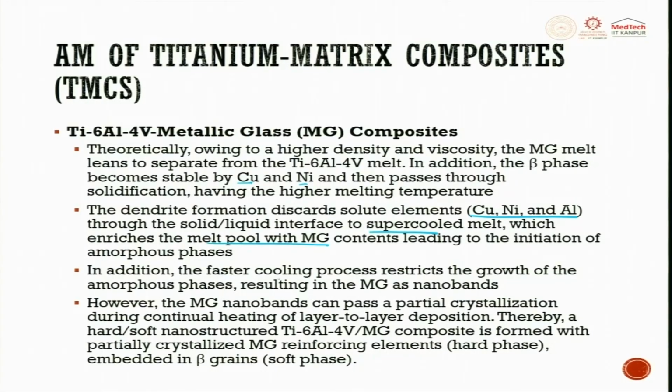The faster cooling process restricts the growth of amorphous phase Mg, however Mg nano bands can undergo partial crystallization during continual heating of layer by layer deposition. Thereby a hard-soft nanostructure composite can be formed by using AM.